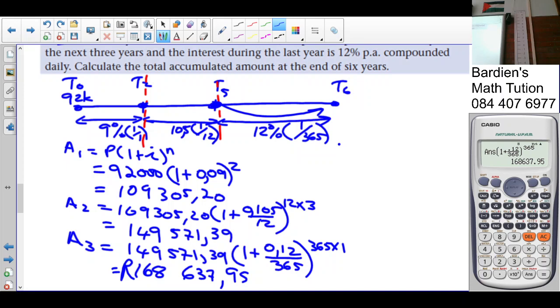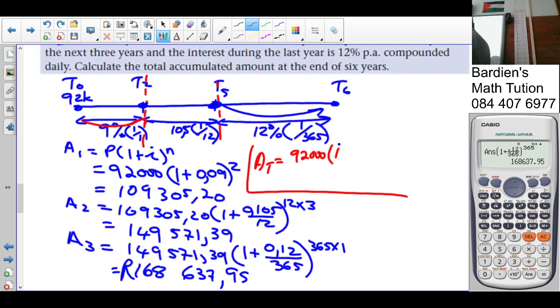If I had done it the short method, what would it be? It would have simply been a total is equal to 92,000 into 1 plus 0.09 to the exponent 2 times.